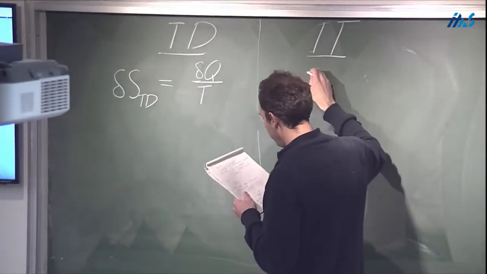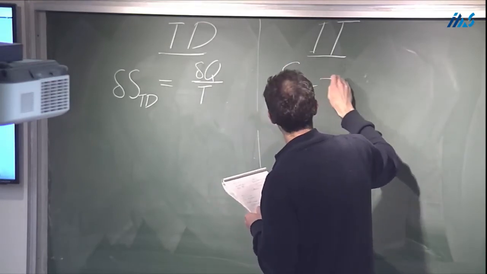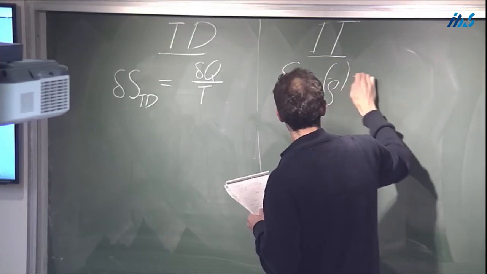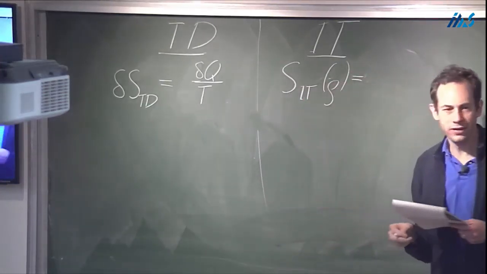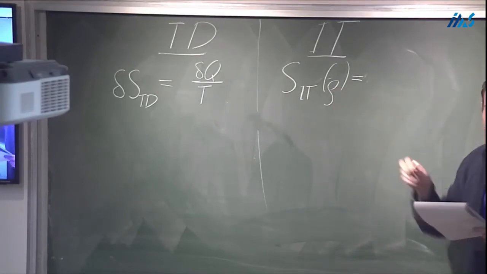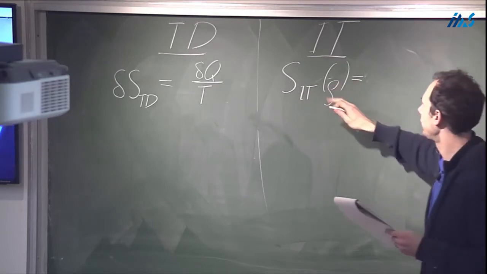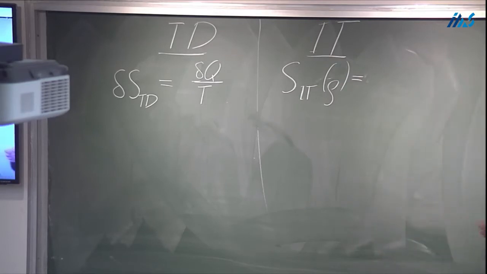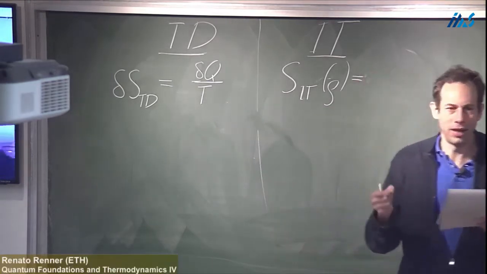And in information theory, we have this. The entropy is actually a function of a density operator, or in classical information theory of a probability distribution. So here we refer to microscopic states, so to speak. Information theory is a theory that explicitly talks about variables that describe degrees of freedom of a system that we may not control, whereas in thermodynamics we never talk about these variables.